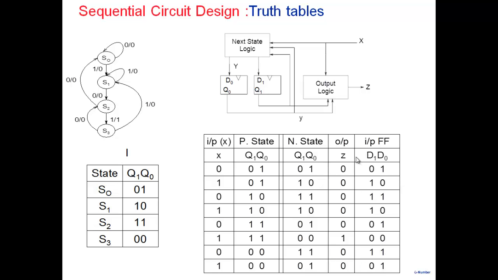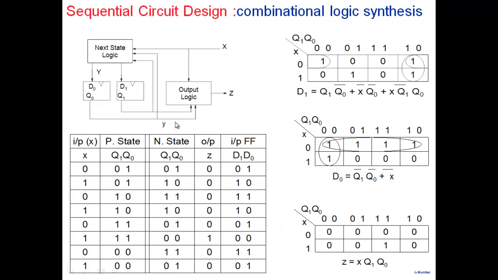Once we have that, we can determine the expressions for D0 and D1. Suppose we want to determine D1. We express D1 in terms of the present state Q1, Q0, and X. We take a K-map, fill it up from this truth table, minimize, and get an expression for D1.